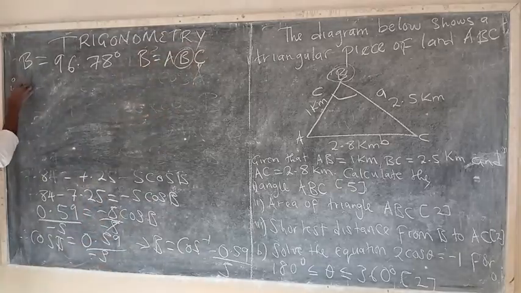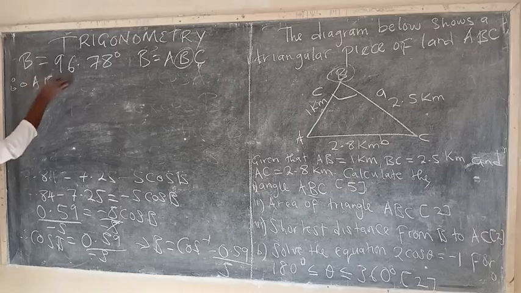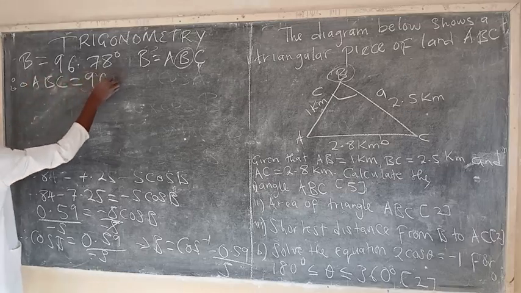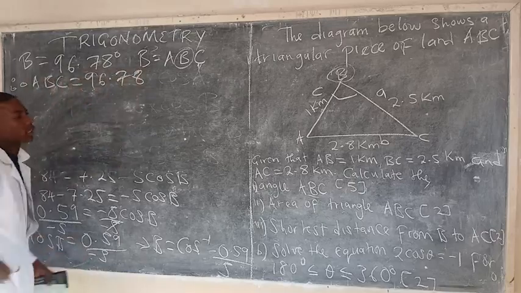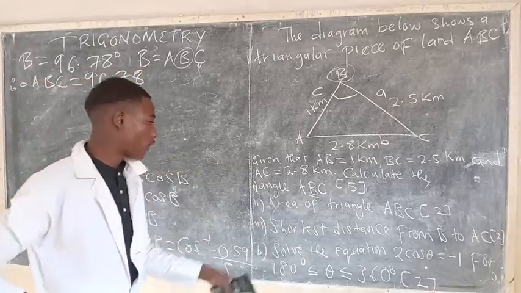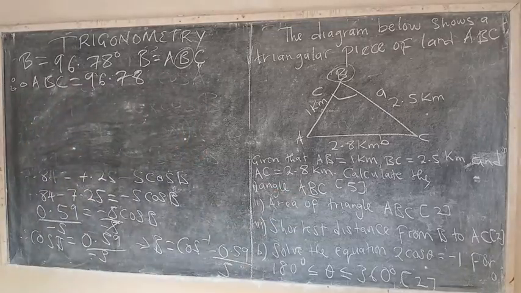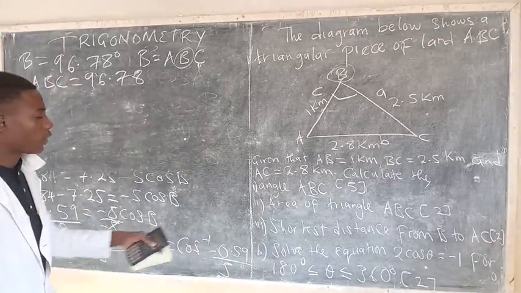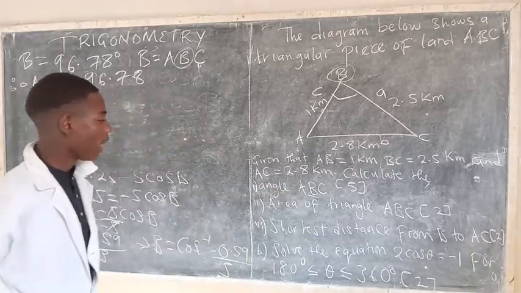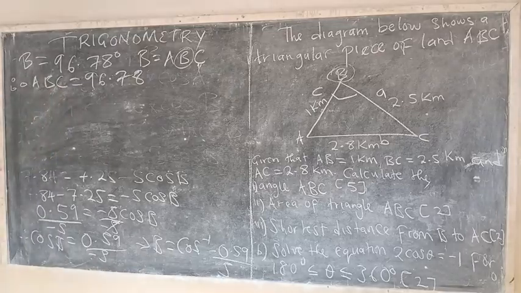So our angle ABC, which is the first part, should be equal to 96.78 degrees. Upon doing that, we are now going to find our area of ABC.